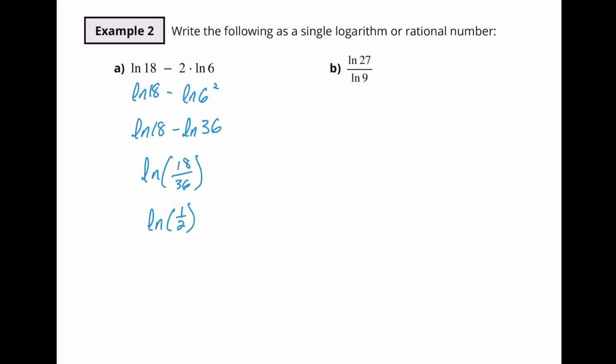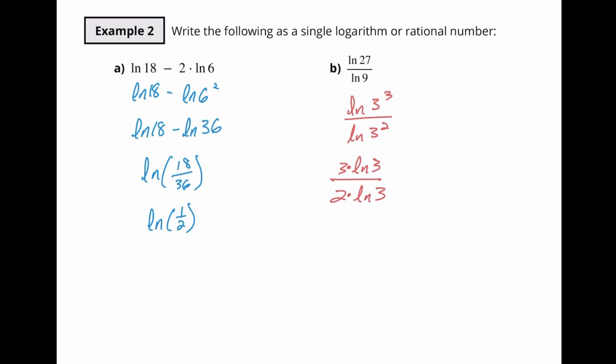So we did ln of 3 cubed over ln of 3 squared, right? 3 squared is 9, 3 cubed is 27. So now I'm going to use this same power rule over here, and I'm going to bring this 3 out front and this 2 out front. So now I've got 3 ln of 3, being multiplied together, over 2 ln of 3.